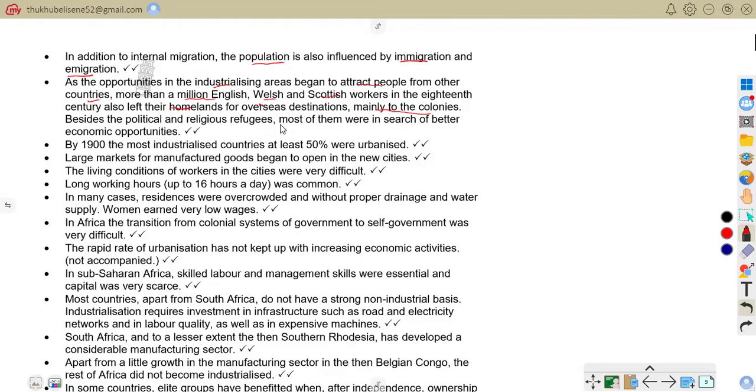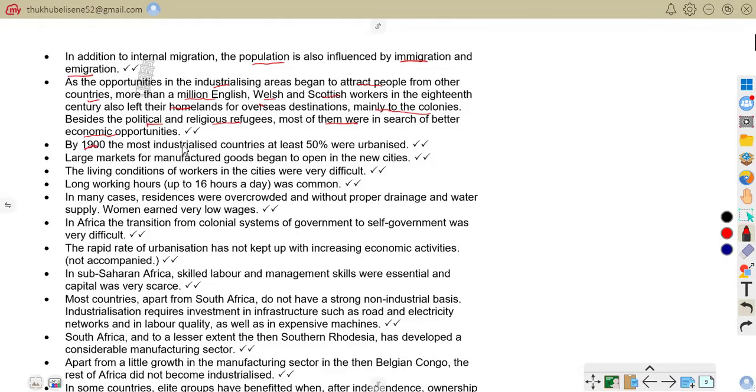That is where we have seen European settlers come to South Africa. Besides political and religious refugees, most of them were in search of better economic opportunities.